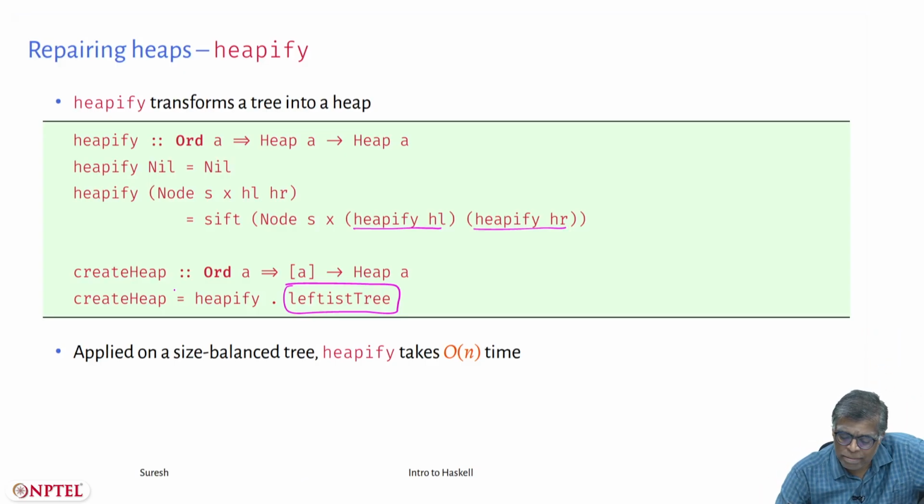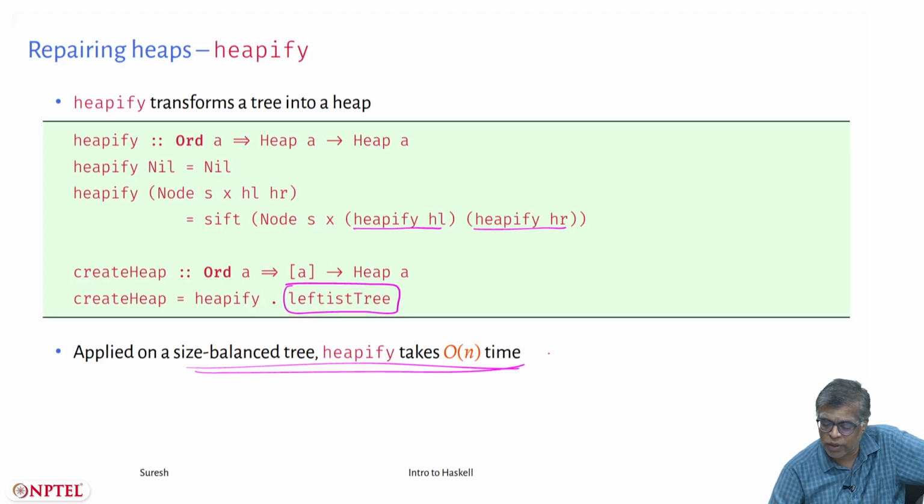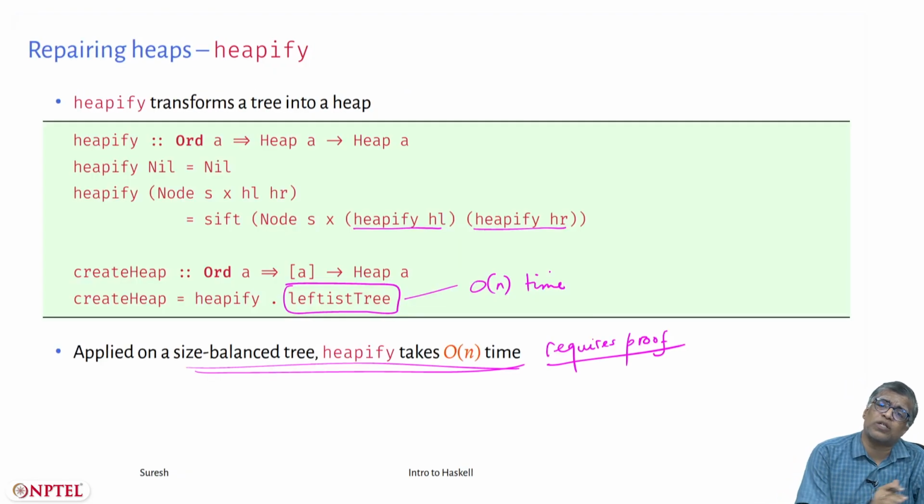Now, this is the point that we have to prove. Applied on a size balanced tree, heapify takes order n time. This requires proof. We have seen enough times, right? So therefore overall create heap takes order n time to create a heap from a list.